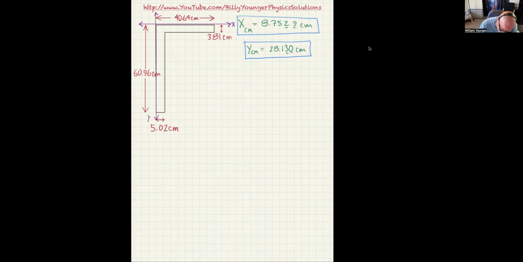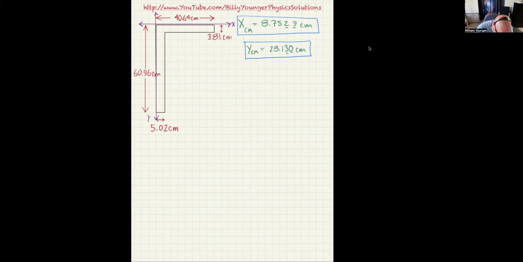So I'm going to come down here to 28.13, which should be, if you look at this as 60.96. So if you do 28.13 divided by 60.96, you see that that's just a little under half. So I know the center of mass is going to be a little bit less than halfway.